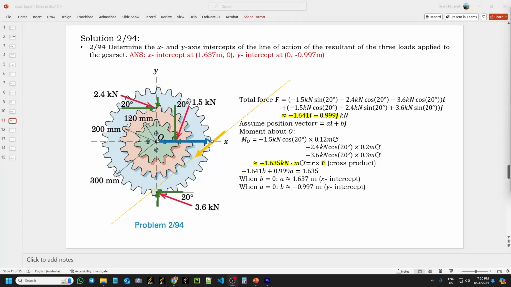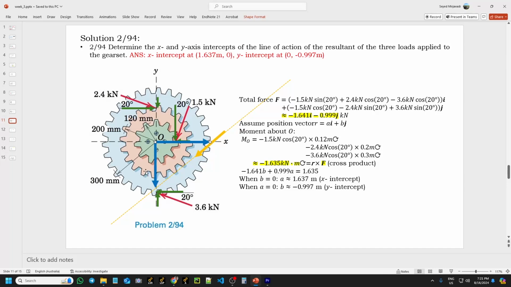Assume that this is the first R, which is AI. From here to here is A, okay? Then if you put AI cross F, it will give you the A. And if you consider this as R, as I said, you can consider R as any vector that is starting from O, and the head should be on the line of action.